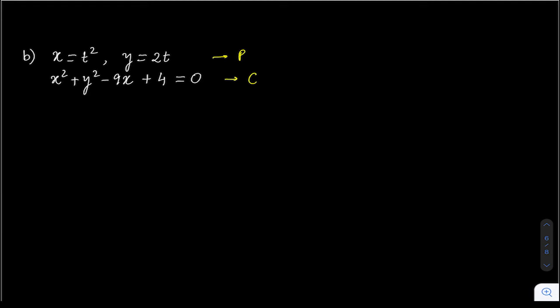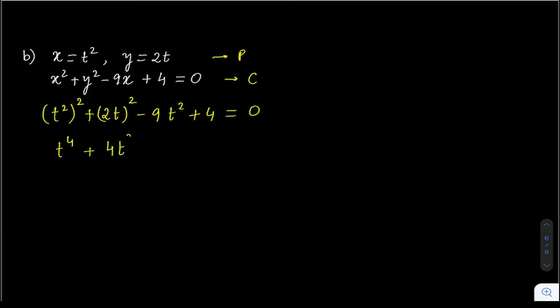So x is t square, so I will get t square whole square plus y square, that is 2t whole square, minus 9 times x, x is t square, plus 4 equals 0. So what is this? t power 4 plus 4t square minus 9t square plus 4 equals 0.